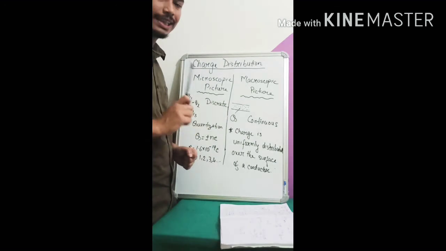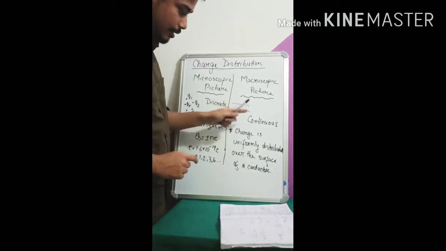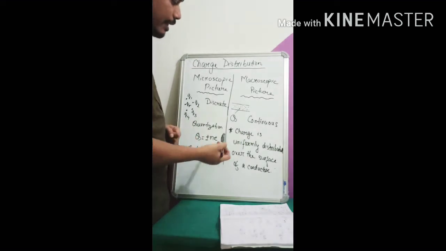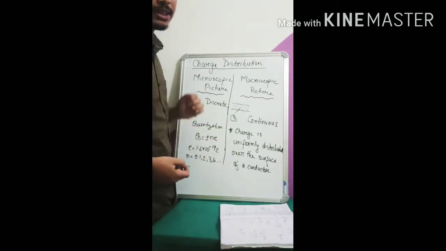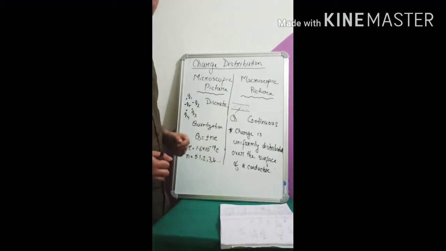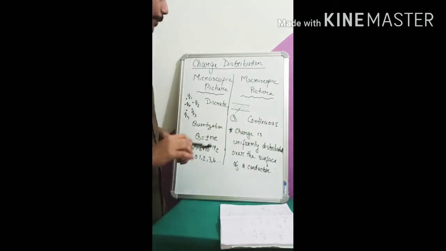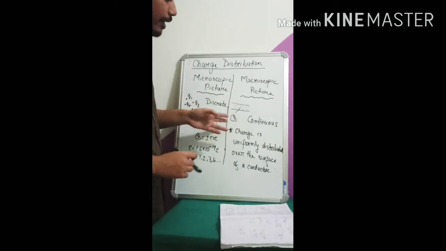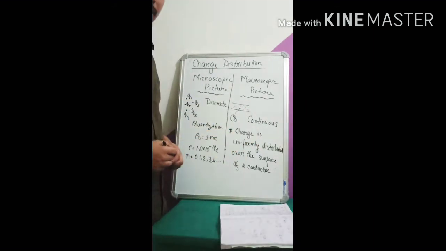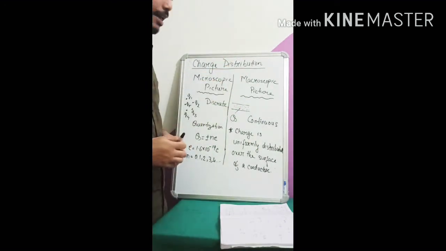The charges do not reside inside the conductor. So in a conductor, the charges always reside on the surface, and they are uniformly distributed over the surface. So what we got here is a continuous distribution of charge. This is what we know charge distribution is.